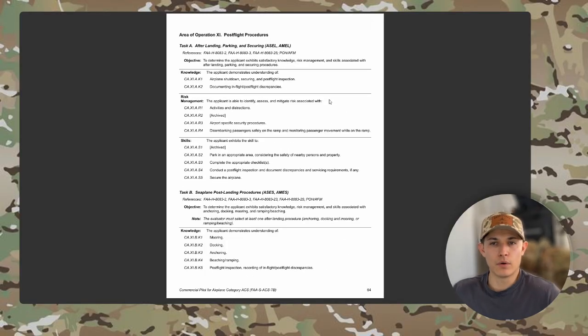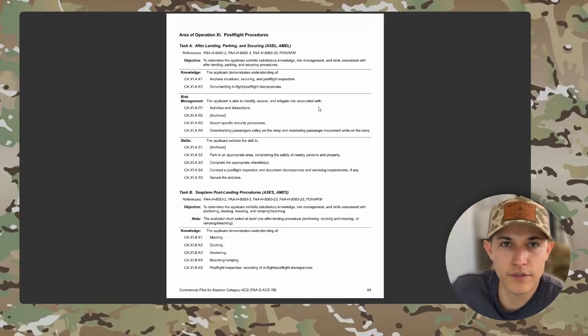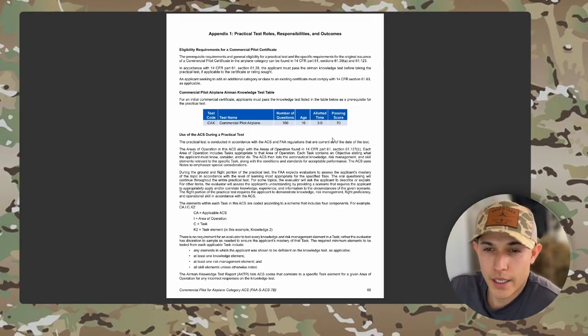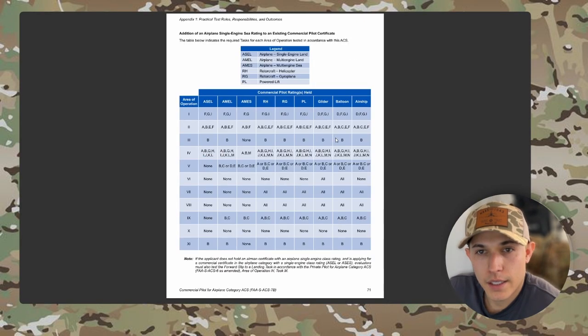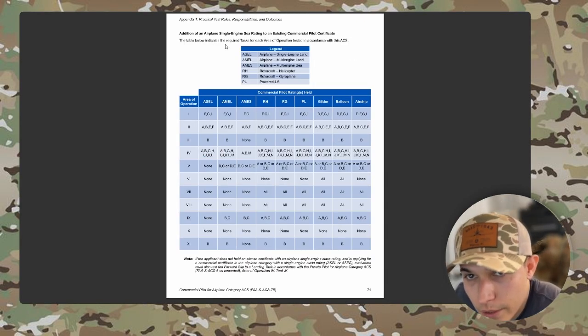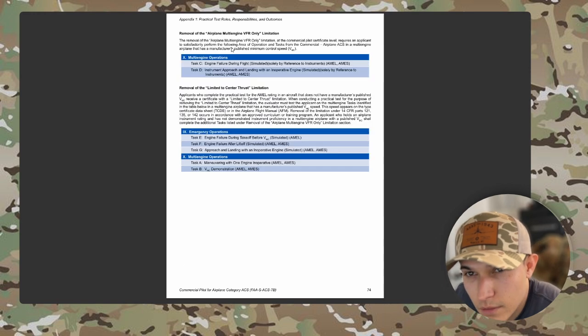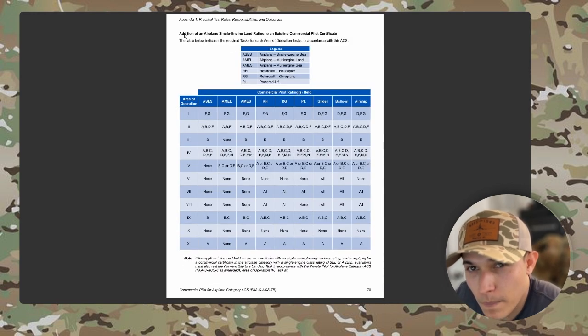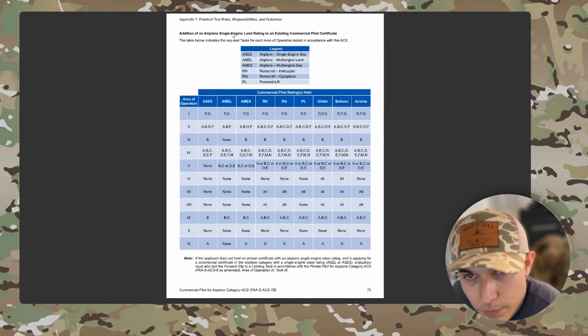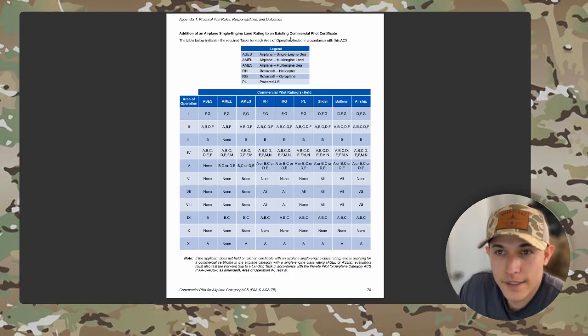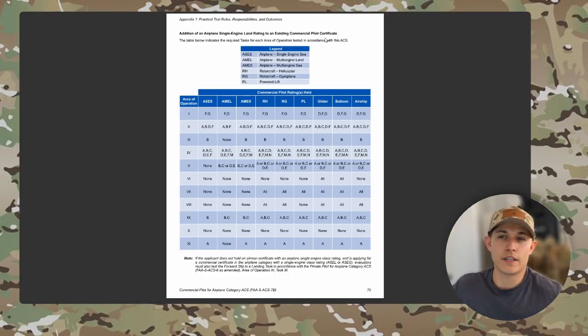This is a very important portion, especially if you're just doing this as an add-on. Let's talk about it right here. Let me get to the right page. Here we go. Addition of an airplane single engine land rating to an existing commercial pilot certificate.